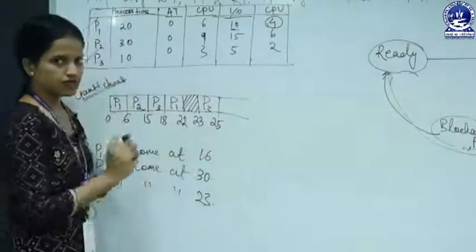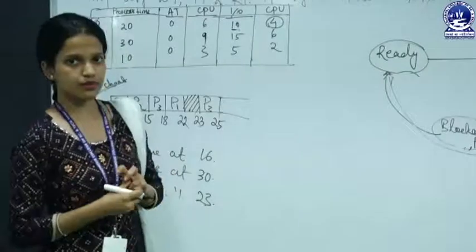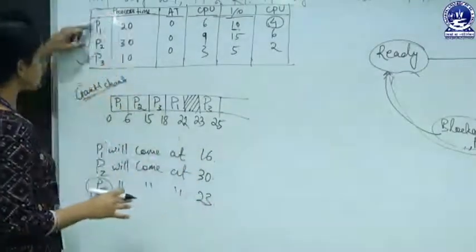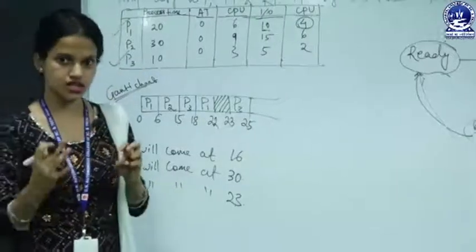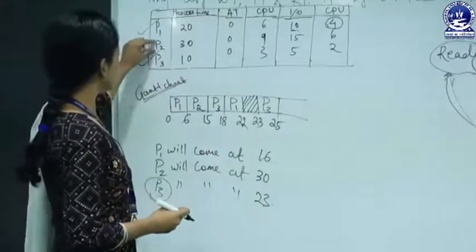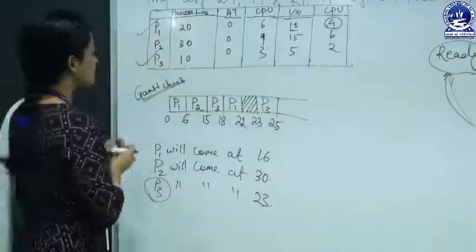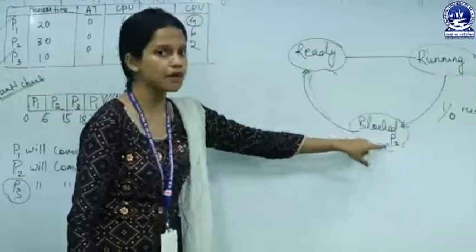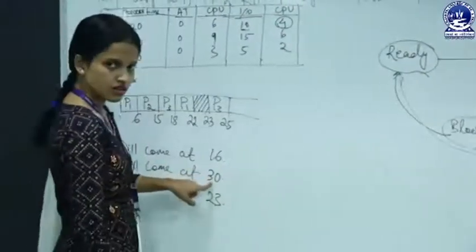See, at 25, check is there any process which is in ready state? No, there is no process. P1 and P3 were already terminated, and P2, the last process, is in block state, and it will come back at time 30.